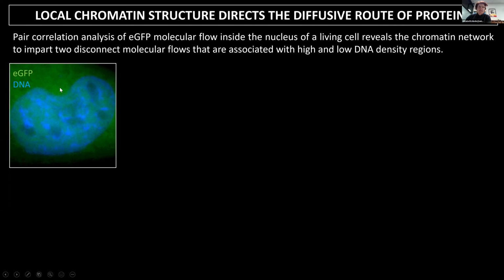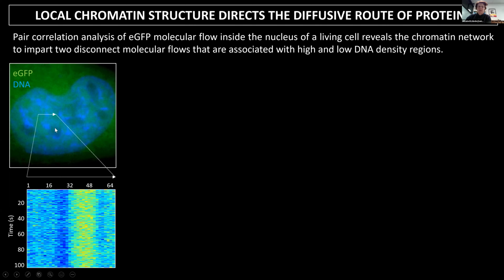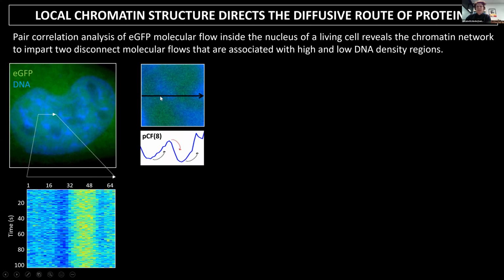So here we have a HeLa cell expressing free GFP, and we've stained the chromatin with Hoechst 33342. And if we scan a line across a heterogeneous region of DNA density in the EGFP channel, you can see that EGFP accumulates in some locations and is excluded from others. So if we analyze how EGFP moves along this line at a distance of 8 pixels, so it's a 64 pixel line, we're asking the question based on this Hoechst intensity profile, can EGFP diffuse from this low DNA density region into this high DNA density region?